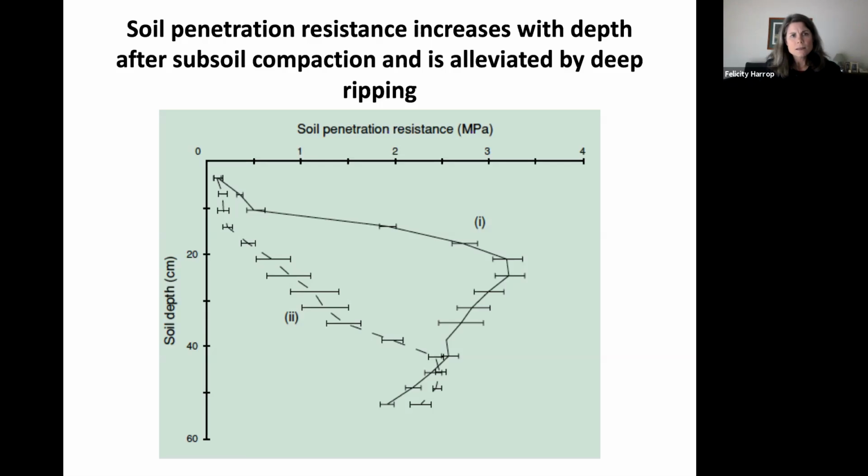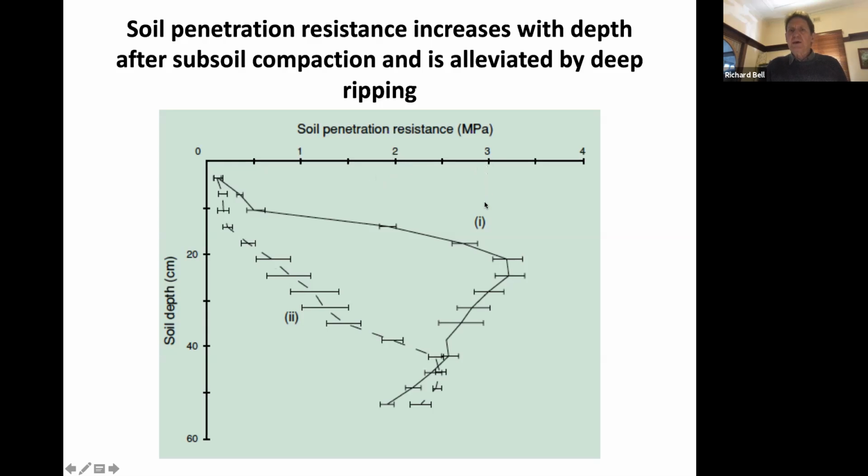Question was asked earlier about with penetration resistance, what's the magic number? So here's an example of a penetration resistance in a profile. On the right-hand side is the unripped soil. And you can see that at 20 centimetres or so, the penetration resistance goes above 3 megapascals. And where it's ripped, that has reduced the penetration resistance at that 20 centimetre layer to less than half a megapascal.